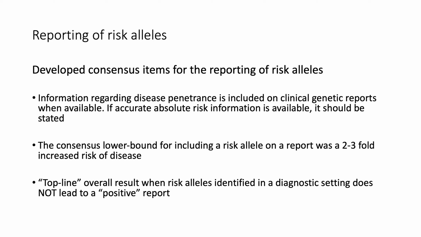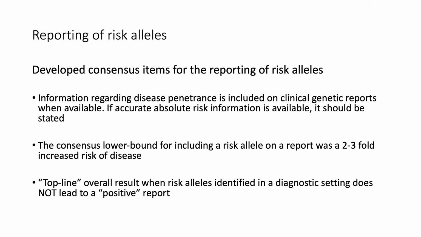For even when you should report a risk allele or not, there are many variants that potentially could be considered risk alleles, right? That are identified from GWAS data that have really low odds ratios of disease, in the manner of 1.5-fold increase or less. The consensus of the group was that those shouldn't necessarily be considered risk alleles. Oftentimes those are now getting included in polygenic risk scores and other approaches, but they're not on their own enough to really move the needle.